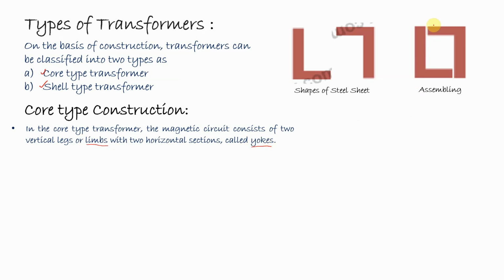That means if we make the structure using these sheets, we get two vertical parts and two horizontal parts. The vertical parts are called limbs and the two horizontal parts are called yokes. Remember one thing, in core type transformers, the windings, whether high voltage or low voltage, are always placed on the limb. No windings are placed on the yoke.